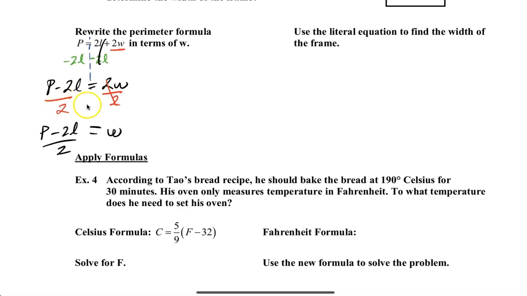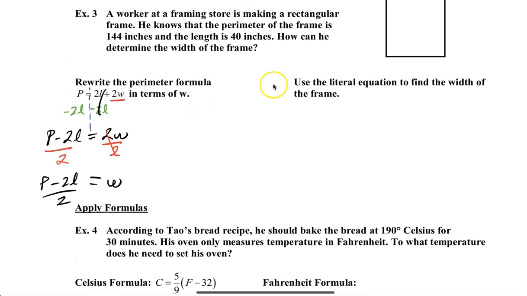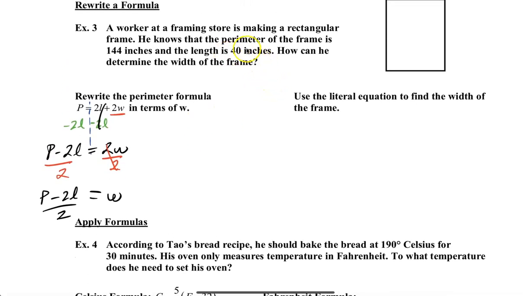That's our formula. Right, and now if you want to go back and answer this question, it's saying the perimeter of the frame is 144 inches, so that's our P. And the length is 40 inches, that's our L. So if I was going to solve this, we have a formula, W equals P minus 2L all over 2.